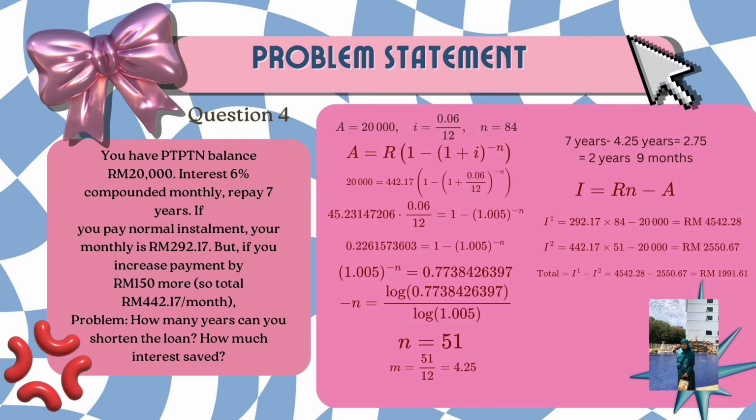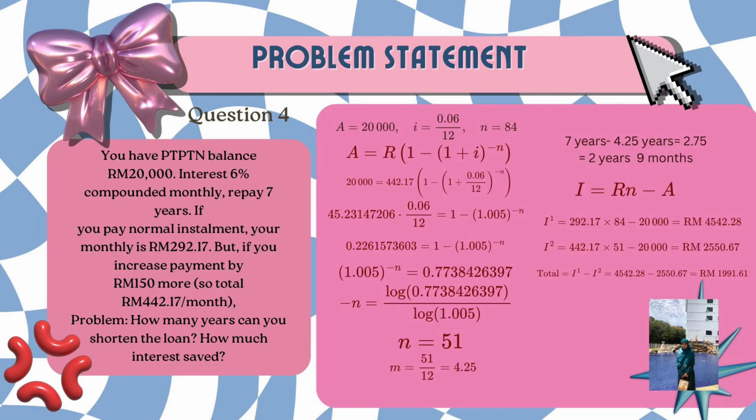So we need to move 0.2261573 to the right, and we need to move bracket 1.005 bracket negative N to the left.